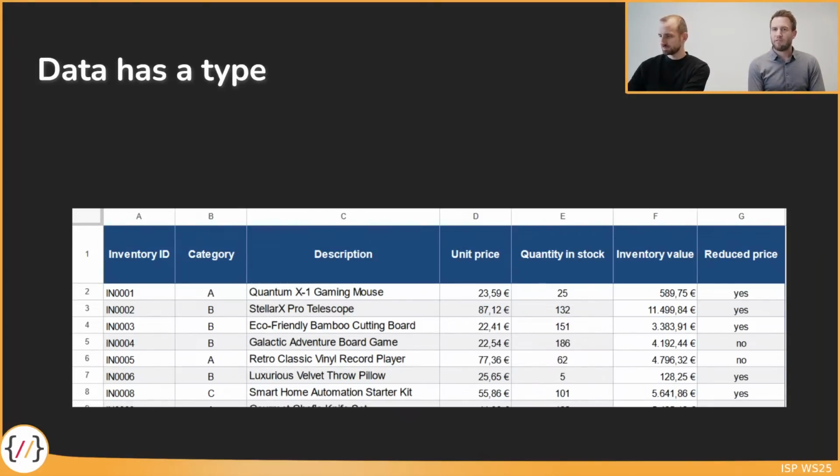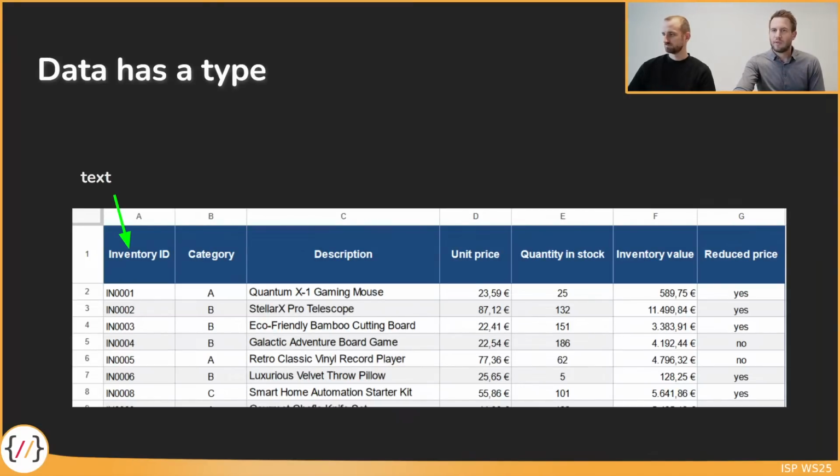We have a screenshot here of an Excel sheet with a table with different data in it. Let's have a look at the columns. We see an inventory ID, category, description, and so on. And if we have a look into the different cells in those columns, we see different types of data. Let's have a look at the first one. There we can see the inventory ID, which is basically some letters followed by some digits. So basically we can say this is text.